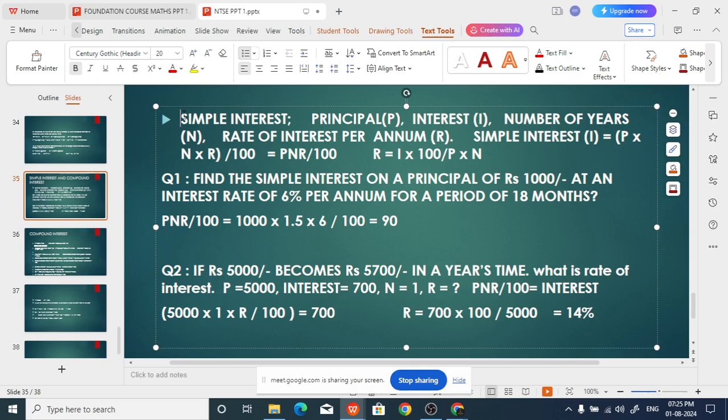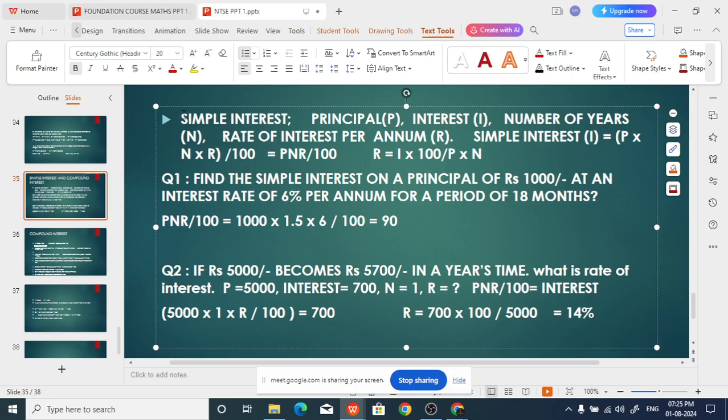What is R? Rate of interest per annum, 6%. What is the value of N? Is it 18? Number of months. They have given years in months.